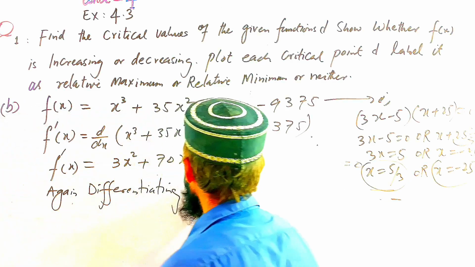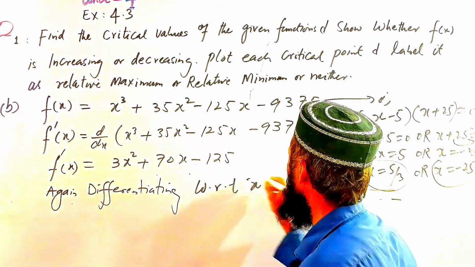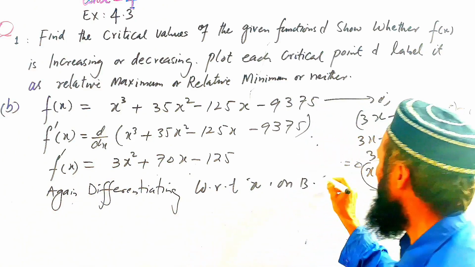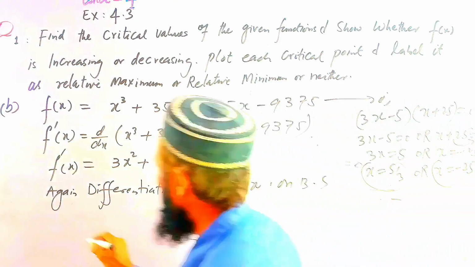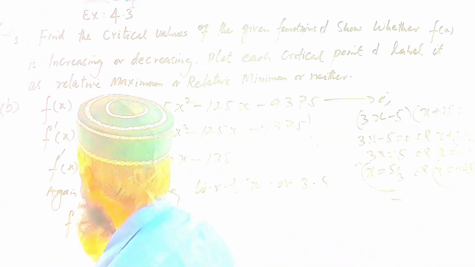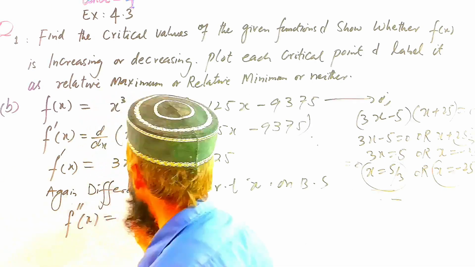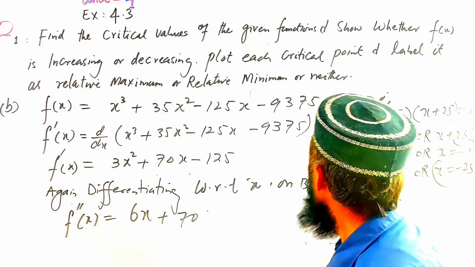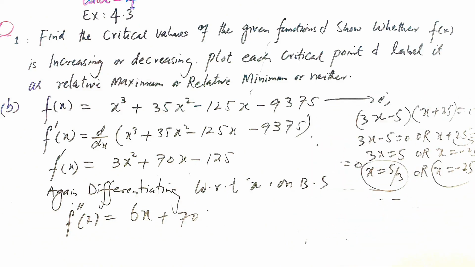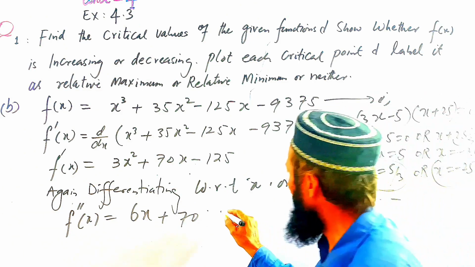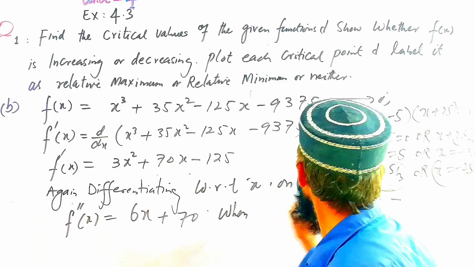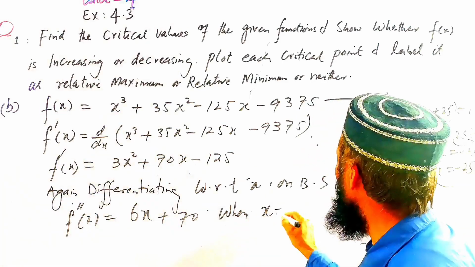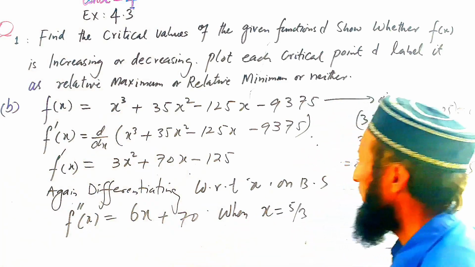Again differentiating with respect to x on both sides of the equation, f double dash x is equal to 6x plus 70. We apply this condition when x is equal to 5 by 3.